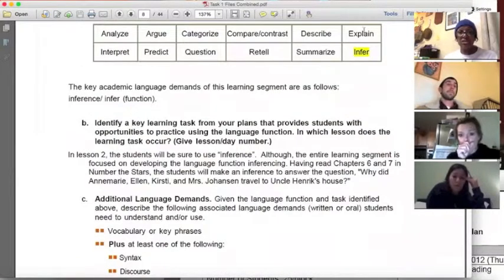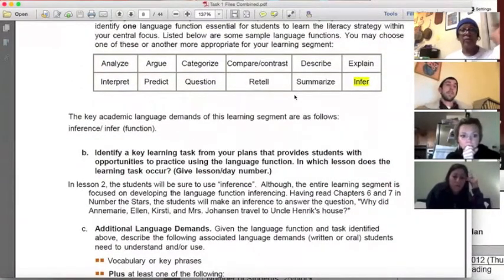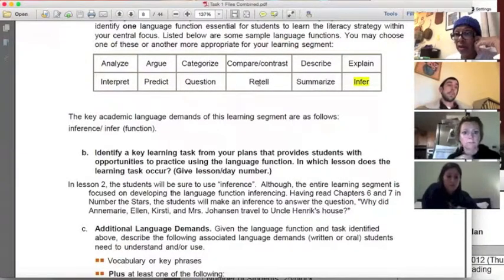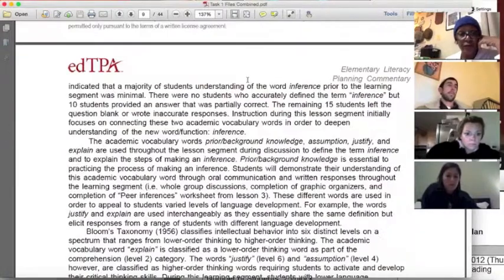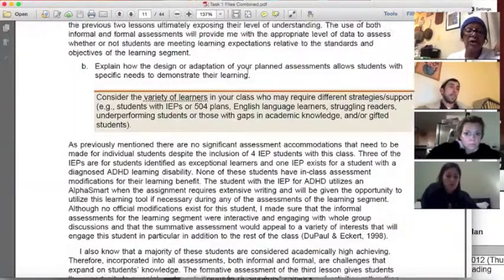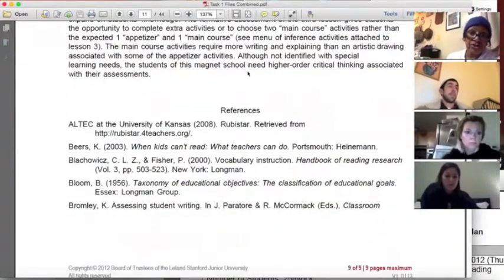And it gives you these things. So like for the lesson we had there a minute ago, they were going to retell. And the 3rd grade lesson that we looked at, they were going to retell. Consider the range of understanding for your students. So this is the commentary, and you read this first.